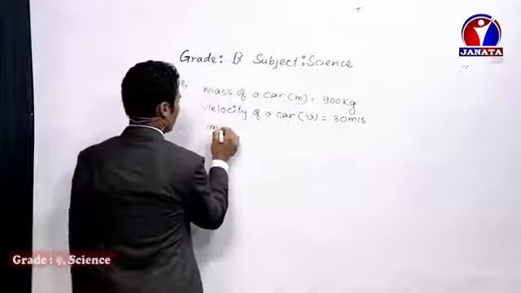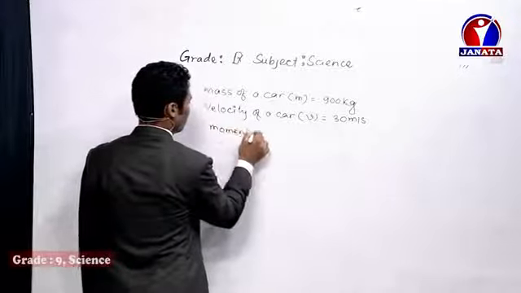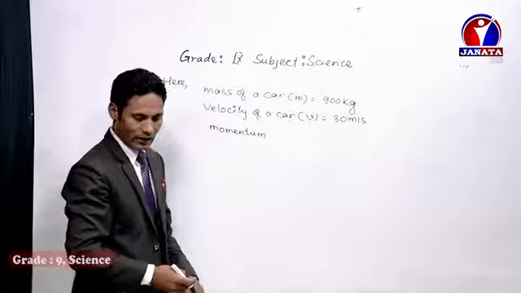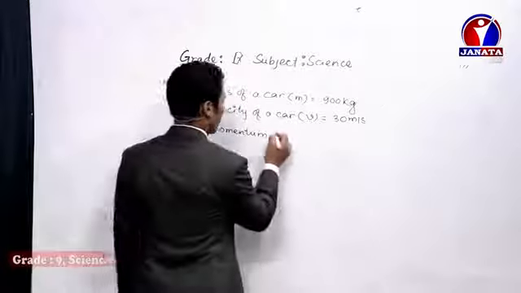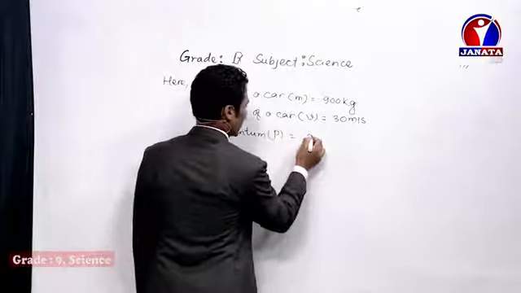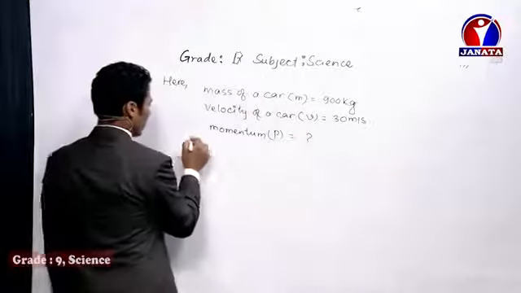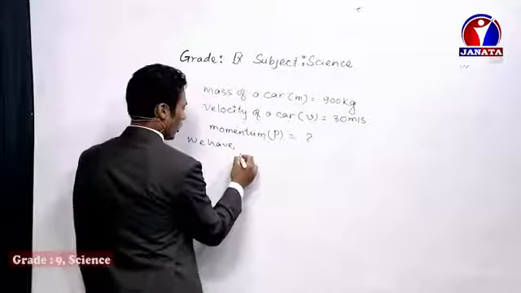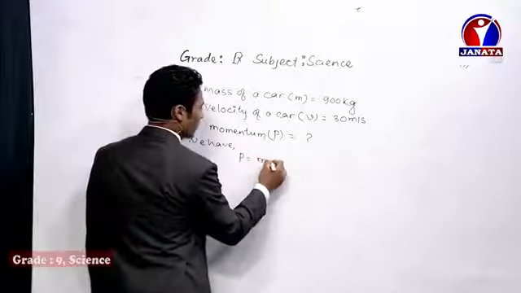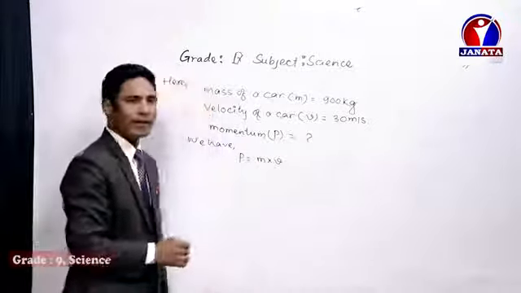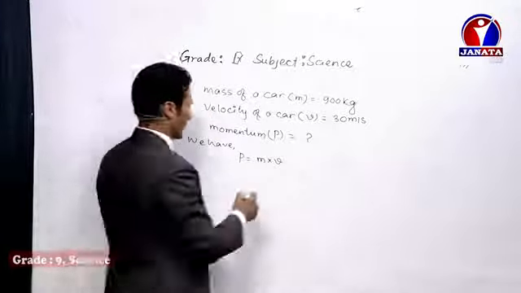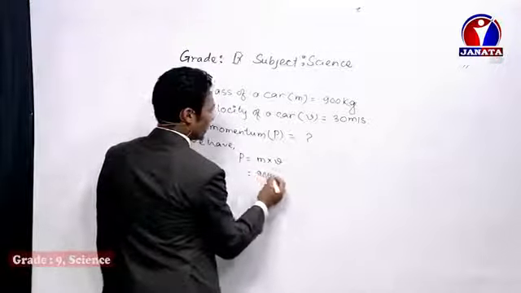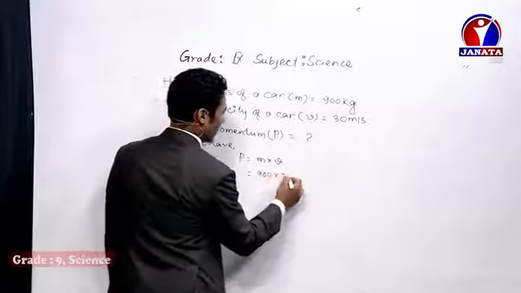And momentum we need to calculate, right? Momentum we will write as p. So the formula of momentum we have learned is p equals m into v, right? Mass into velocity, mass we have 900 and velocity we have 30.